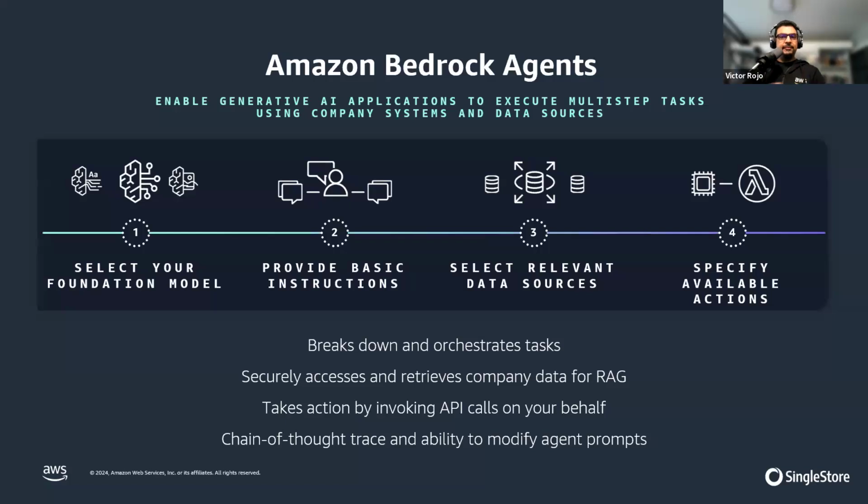You can create one in just a few clicks by selecting the foundation model, providing access to different systems and knowledge bases, and maybe you will need a few AWS Lambda functions, and that's it. The agent analyzes the user request and automatically calls the necessary APIs and data sources to fulfill that request, based, of course, on what you provided, contextually speaking, about the data, the access, the tools, and the Lambda functions.